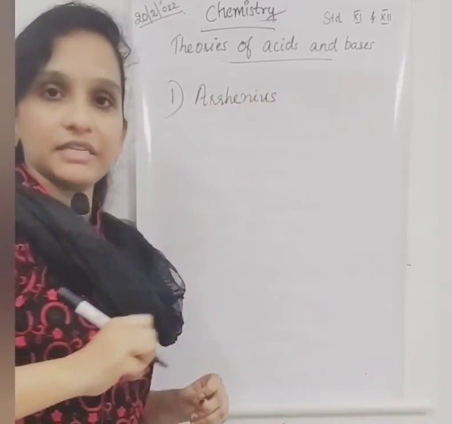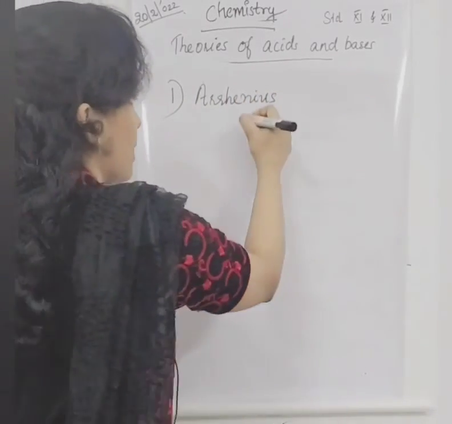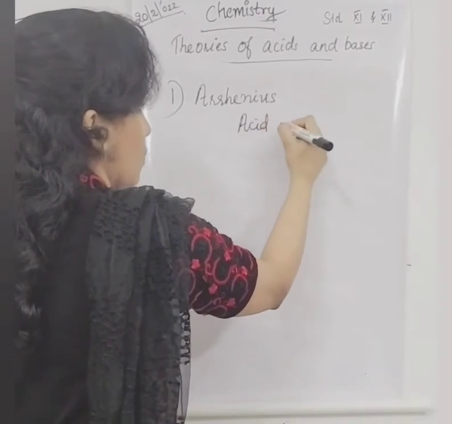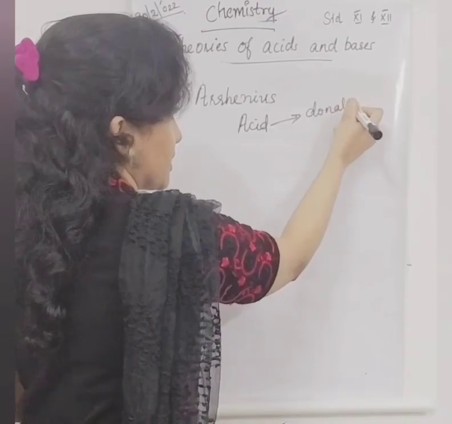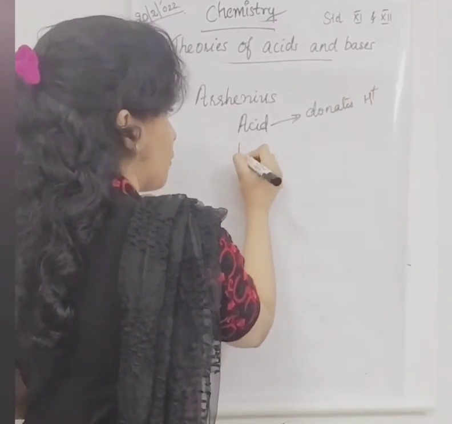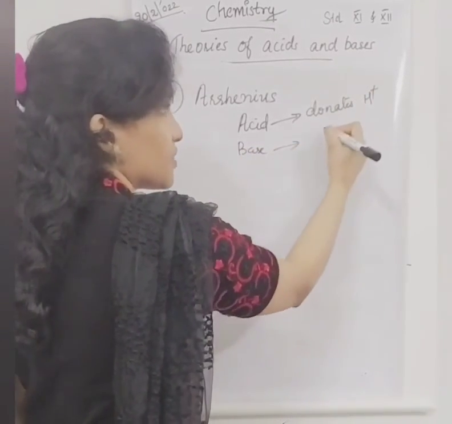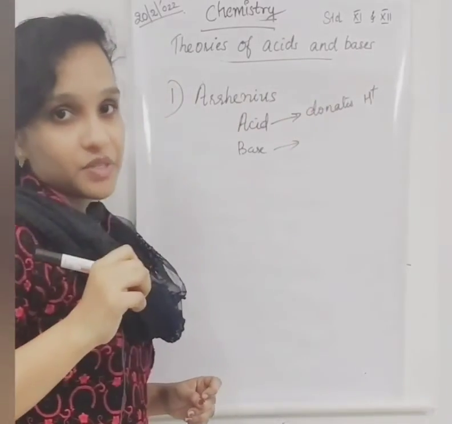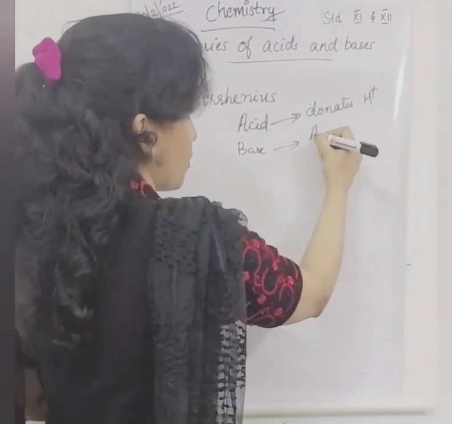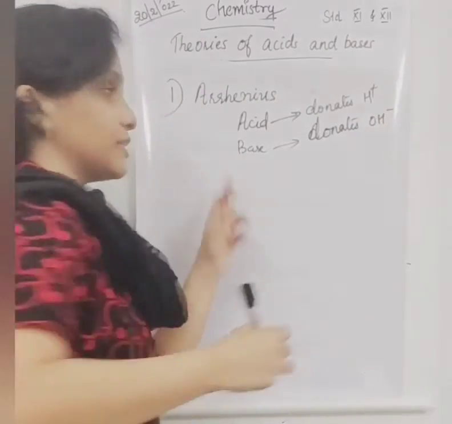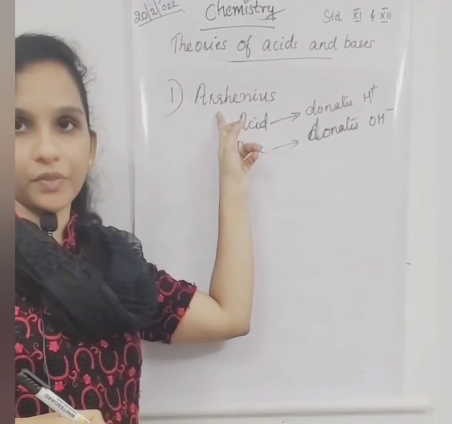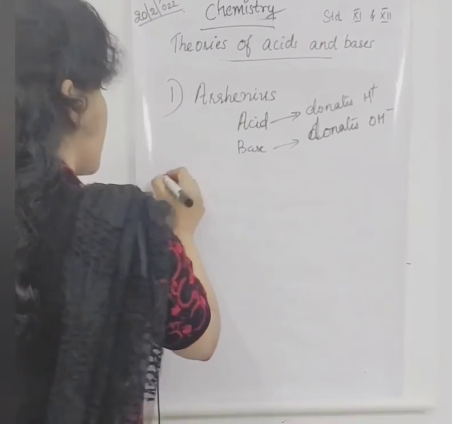According to Arrhenius theory, what is an acid? Acid is a substance which donates H plus ions, right? And base is a substance which donates OH minus, right? That is Arrhenius theory. Next one is the Bronsted-Lowry concept.